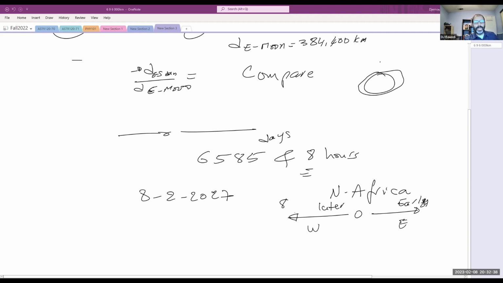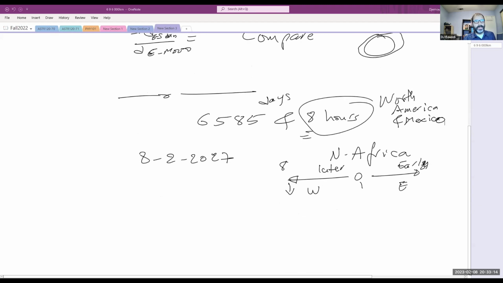We are 8 hours exactly from Greenwich in our region, so it's exactly going to happen here in North America and Mexico. That is where the next solar eclipse is going to happen, based on this method. So that's the where.